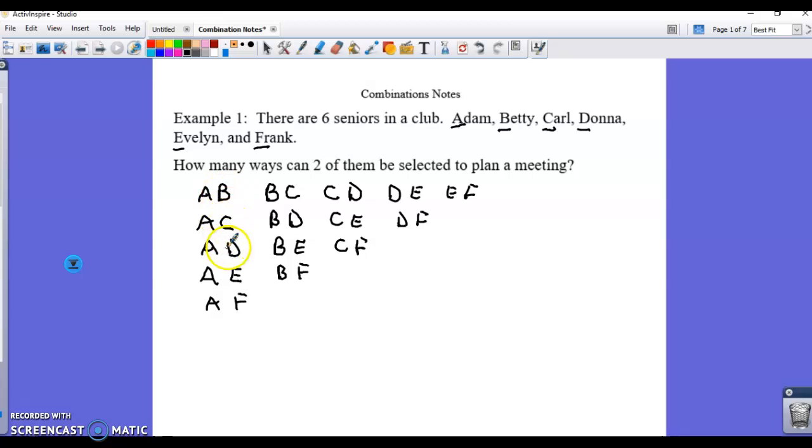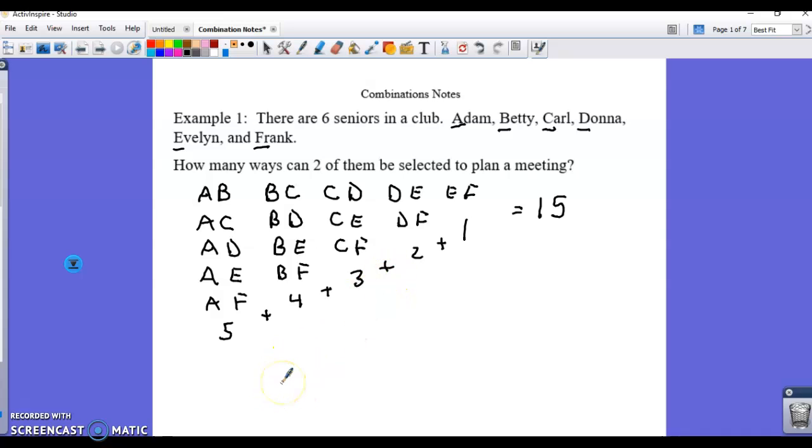So you have five possible pairings, and then four, three, two, one. You could add those all together, and that'd be one way we could get 15 different pairs from this group.